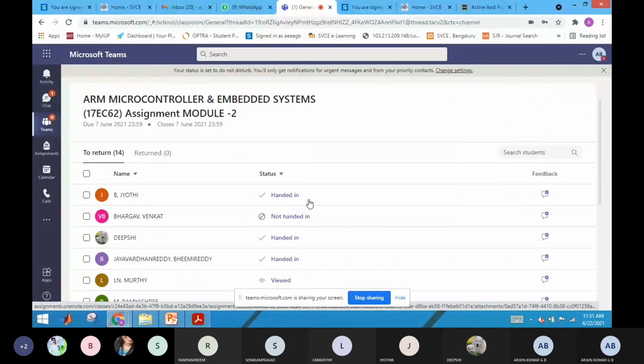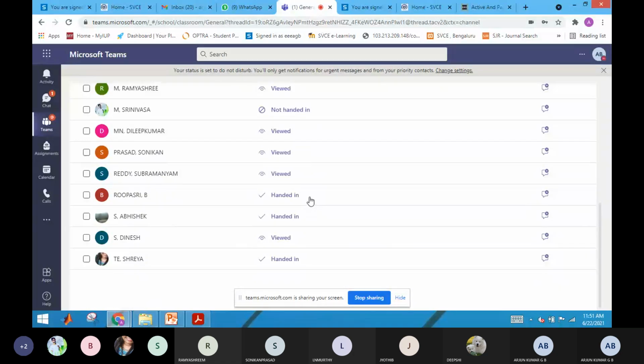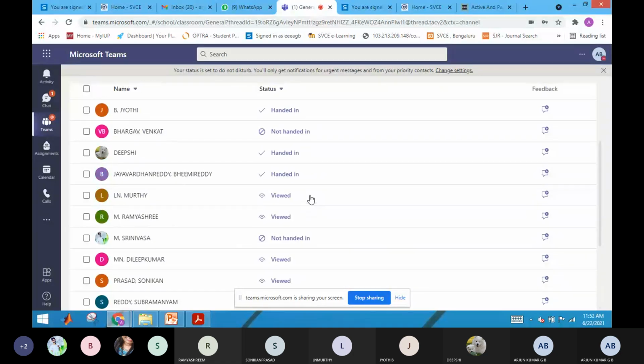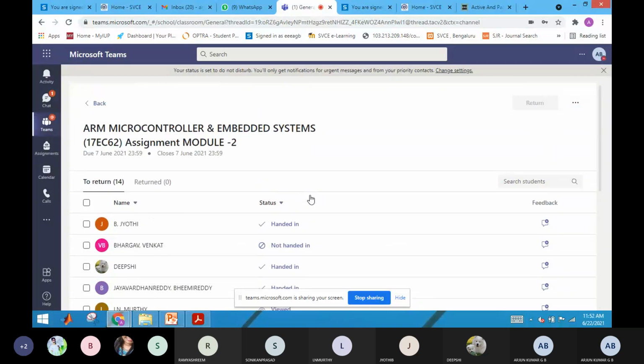Srinivas, Sonika, why are you not submitting? Dinesh also. Already the date will be closed. Still you are not submitting. At least you are not requesting me also.